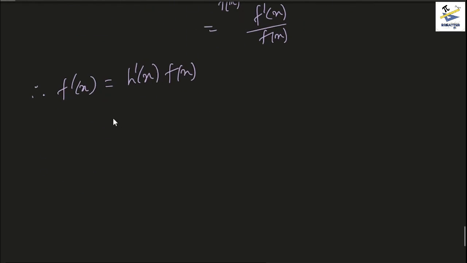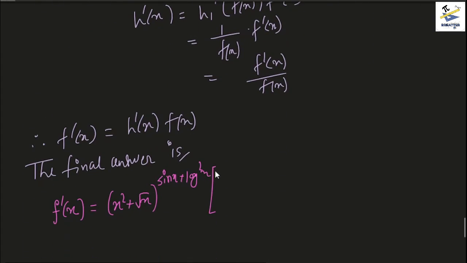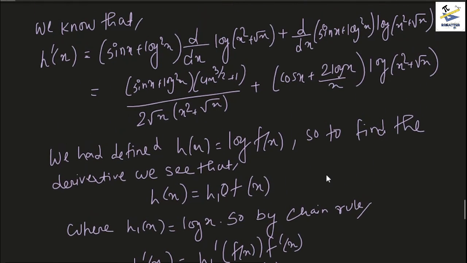And to quote the whole answer, we can write the final answer is f prime of x is equals to x square plus root x to the power sin x plus log square x multiplied by sin x plus log square x into 4 x to the power 3 by 2 plus 1 whole divided by 2 root x into x square plus root x plus, so the next term was cos x plus 2 log x by x into that.